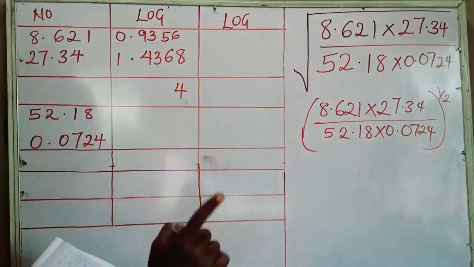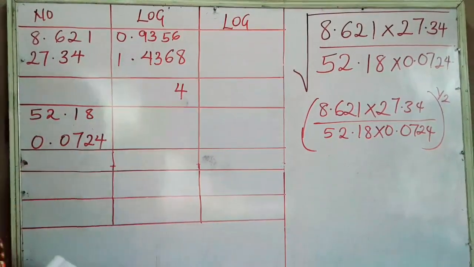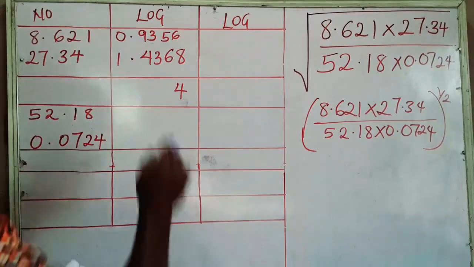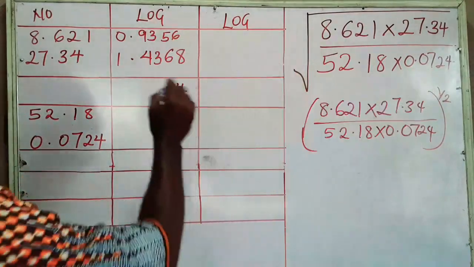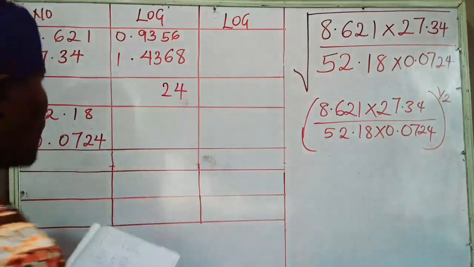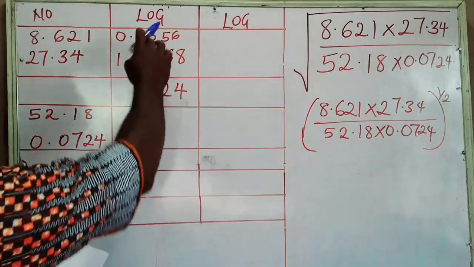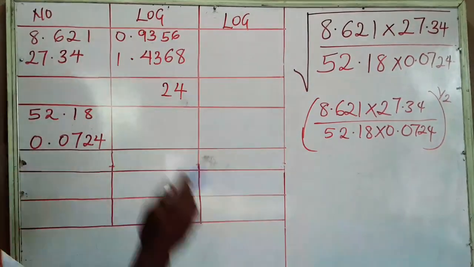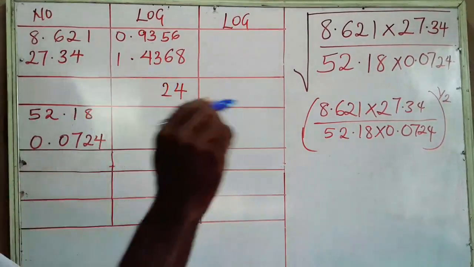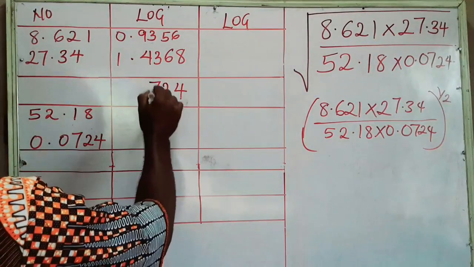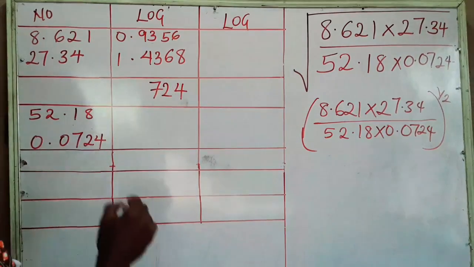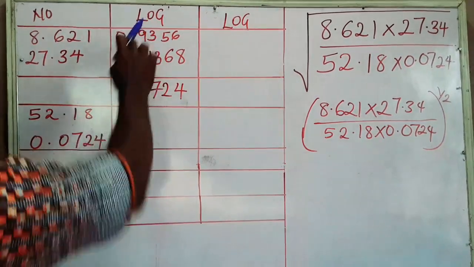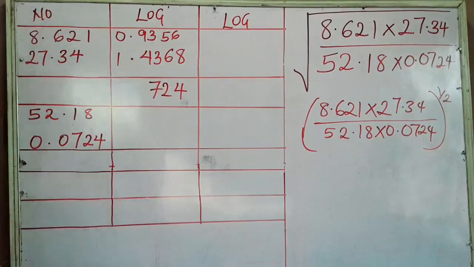Write 4, remain 1. 5 plus 6, we have 11, 11 plus that 1, we have 12. Write 2, remain 1. 3 plus 3 making 6, plus 1, this will give you 7. 4 plus 9 will surely give us 13.